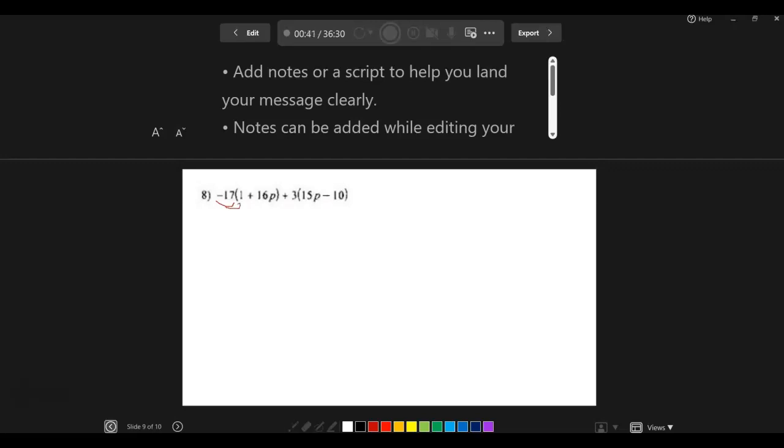We'll multiply the negative 17 times 1. We'll multiply negative 17 times 16p. Ooh, might have to break my calculator out for that one.